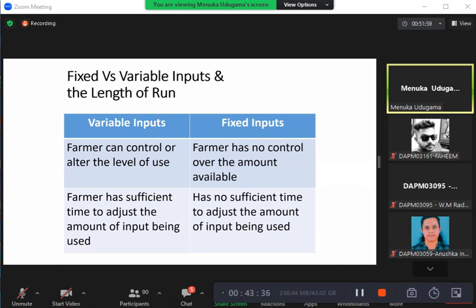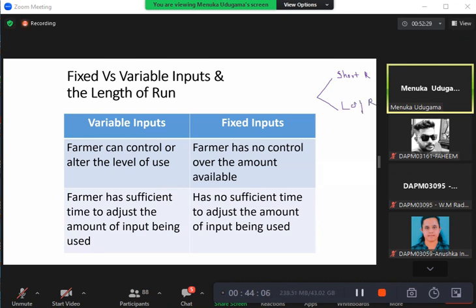Now, we categorize these inputs depending on the time of use or the duration. And in economics, we divide time into two as short run, and long run, right?